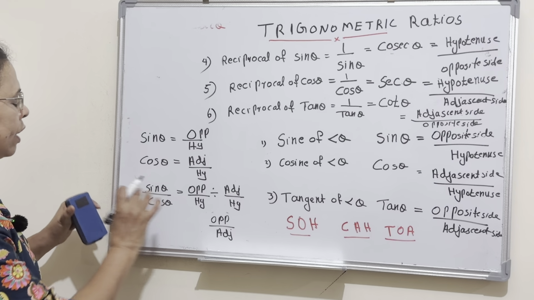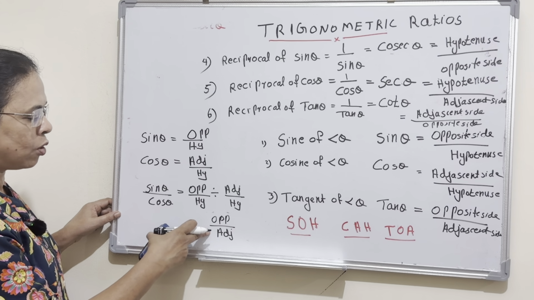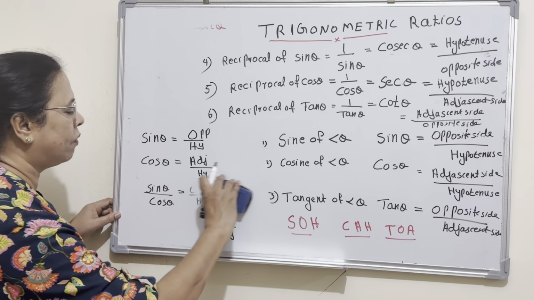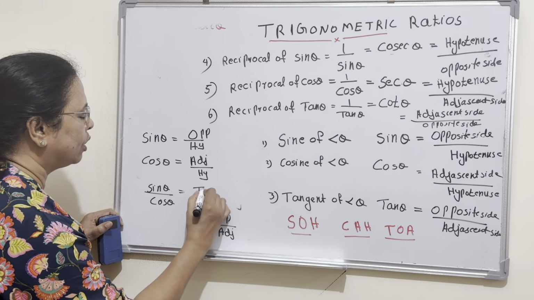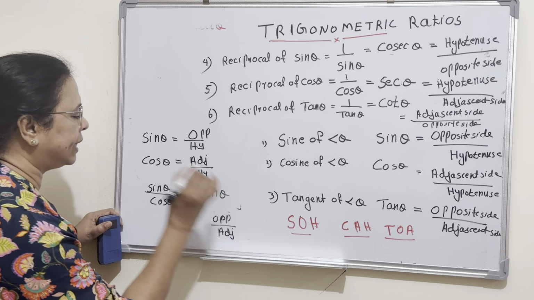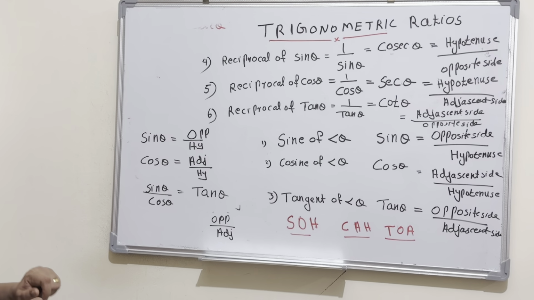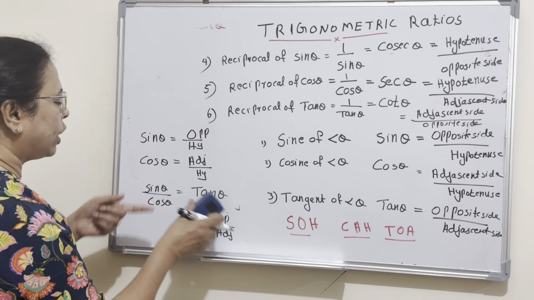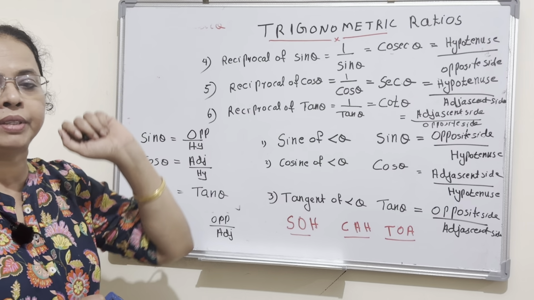So instead of sin theta by cos theta, we got opposite by adjacent, that is tan theta. Then again, the reciprocal of tan theta is cot theta.